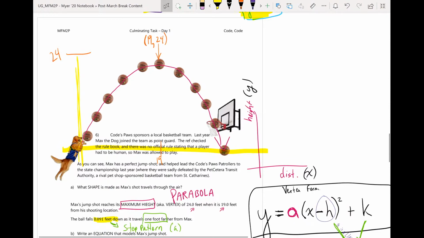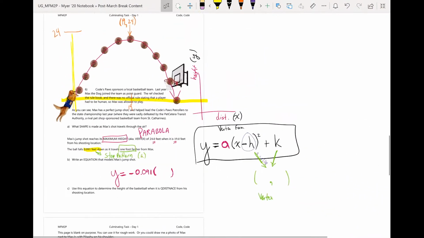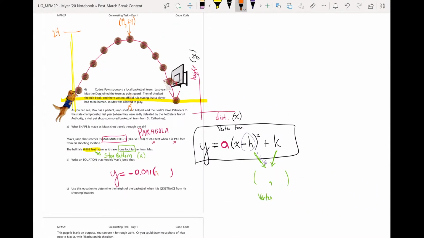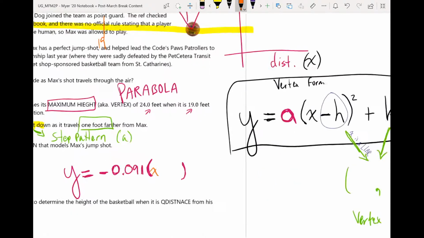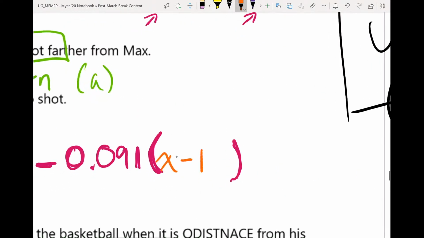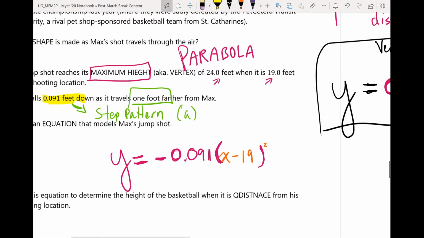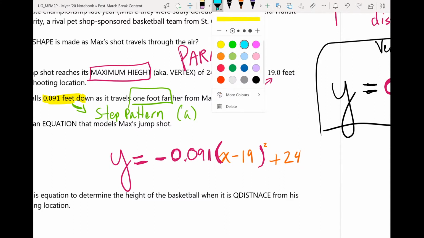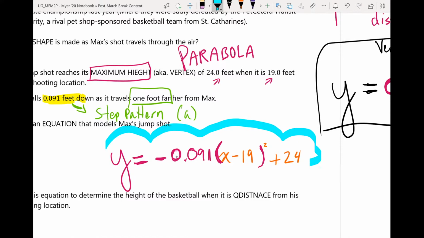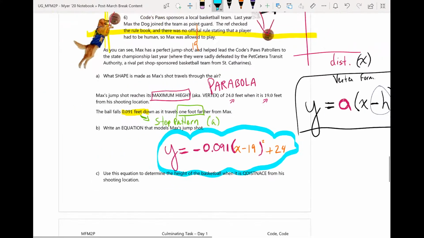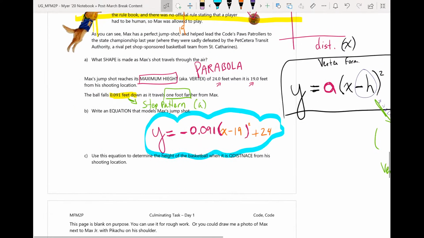So if x is 19, it's the opposite of that. It's positive 19, so here it should be negative 19. Yeah. Okay? But y never lies. Y is whatever it is. So if y was 24, then it just stays plus 24. So that's my equation. That's the equation of Max the Dog's jump shot.